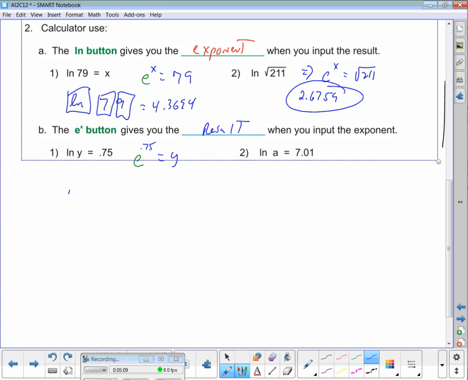Most of you are going to punch your e to the x button first, your decimal button, your 7 button, your 5 button, and probably your enter button. e to the first is 2.7, so we should be lower than 2.7. And I got 2.1170. Just punching buttons. Pretty simplistic.